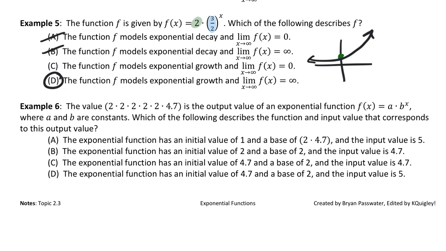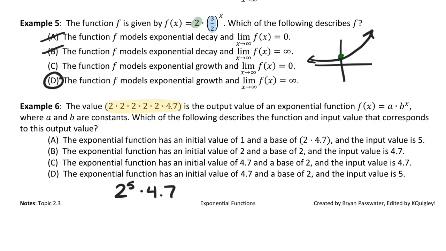If we were to condense this output value down, meaning I were to take all of this business and simplify it, how many times is 2 being multiplied there? 5 times. So I could rewrite this as 2 to the 5th power times 4.7.